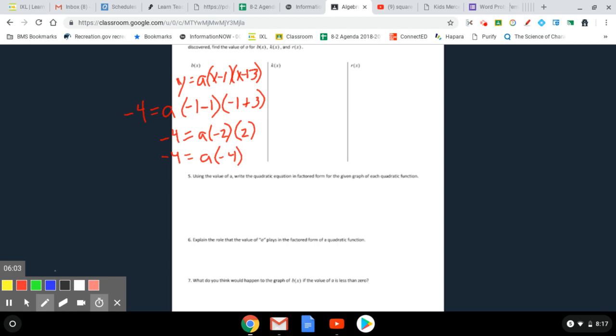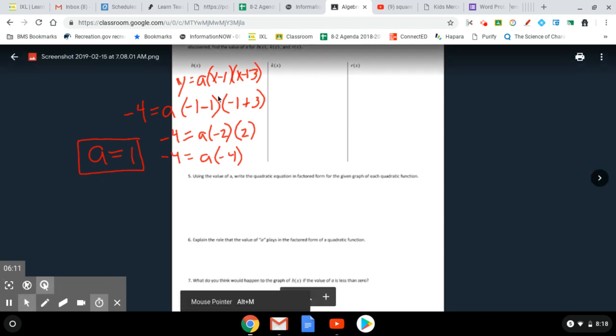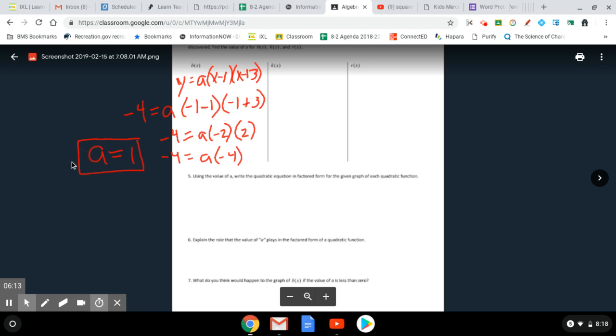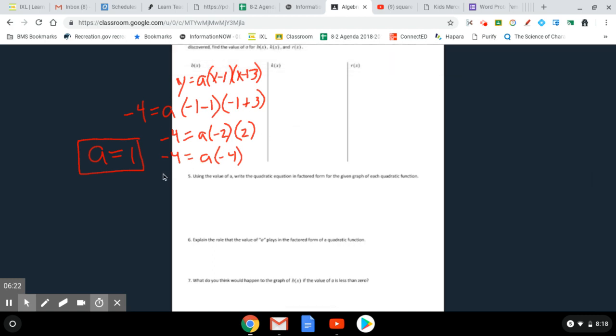And then when I move the negative 4 over, I get that a equals 1. Okay, so for b of x, the a did equal 1. Okay, let's see what the a equals on the other two. You should be able to do that before I do it.